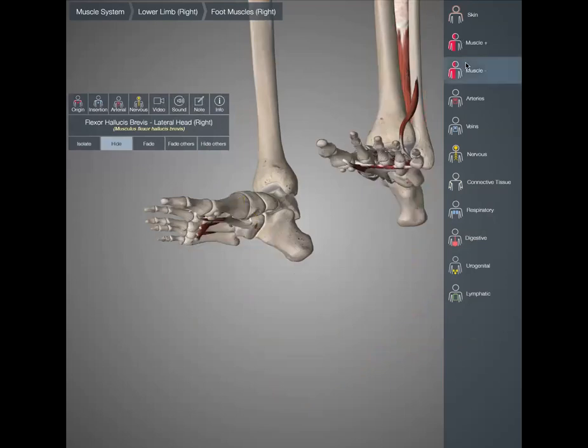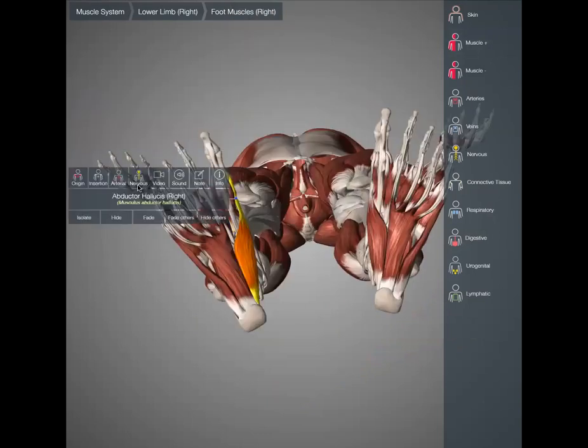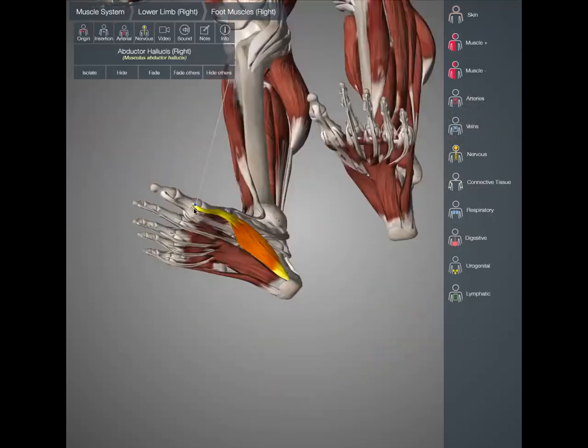Let's see if we can. Yes, I think I found it. I had hidden them. So here, the abductor hallucis originates from the medial tubercle of the calcaneus and attaches onto the base of the proximal phalanx of the big toe.